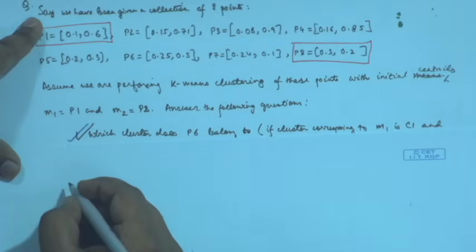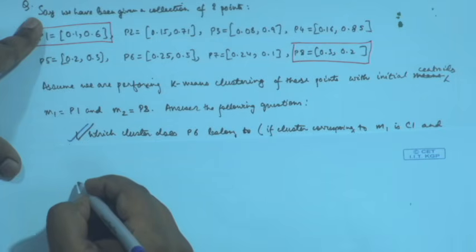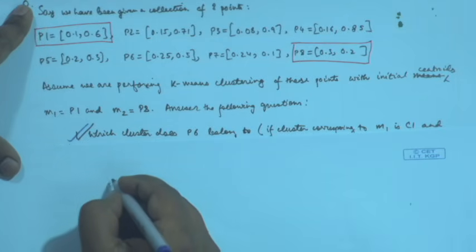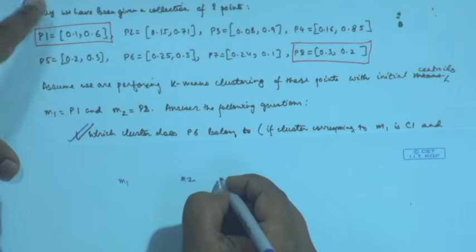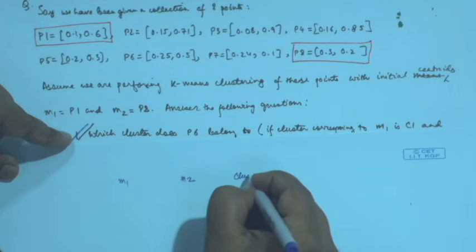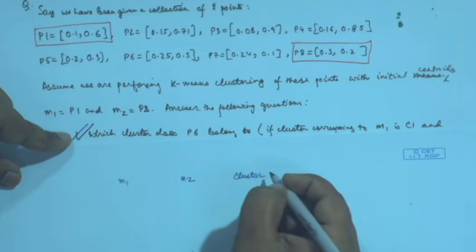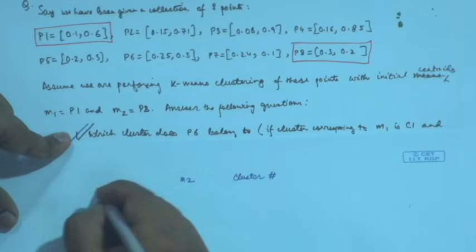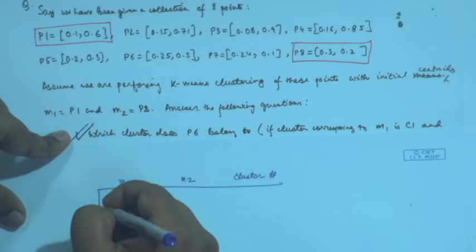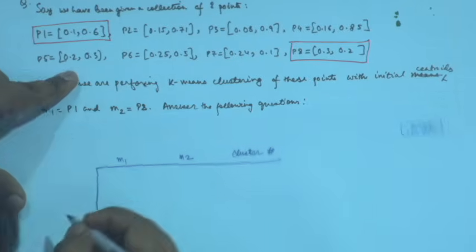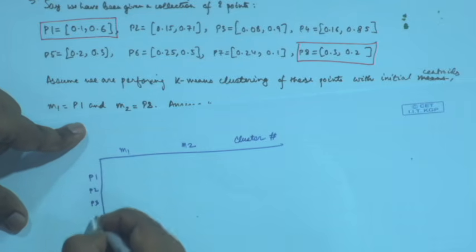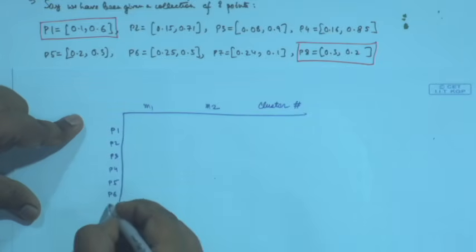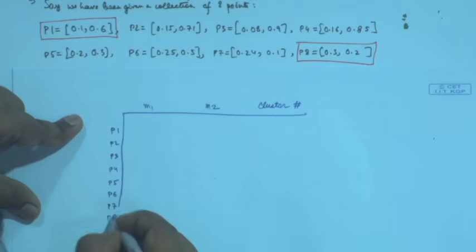So let's calculate the distances, and let's create a table for that. The table will be M1, M2 and cluster number. Okay. P1, P2, P3, P4, P5, P6, P7, P8.